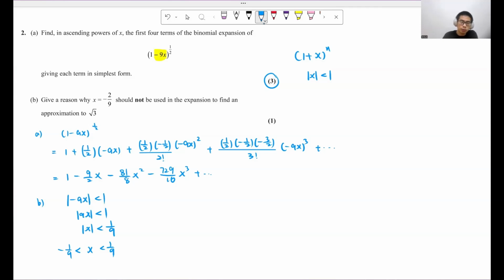And then clearly x equal to negative 2 over 9 is not inside this interval. Therefore, we cannot use this to find the approximation to root 3 because it's not valid for the expansion. So you can just say: as x equal to negative 2 over 9 is not between negative 1 over 9 and 1 over 9, it is not valid for the expansion.